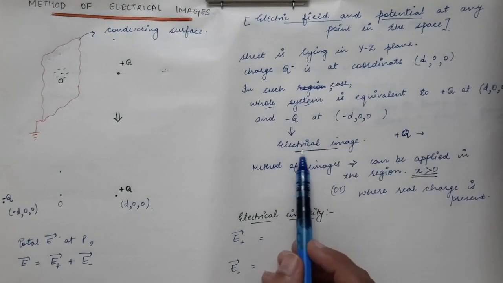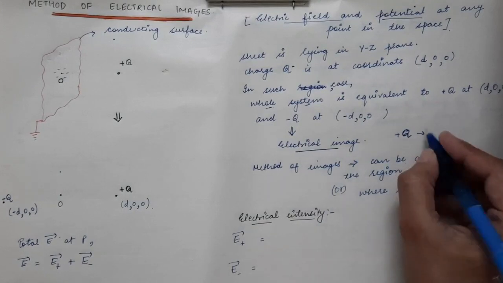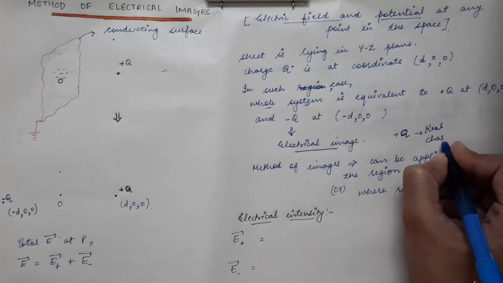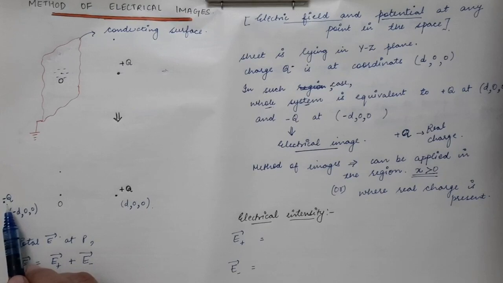So minus q now is called the electrical image and plus q is called the real charge. So plus q is the real charge and this minus q charge is a hypothetical charge. It is just imagined. So it is an imaginary charge or a virtual charge. So in actual there is no minus q charge placed at this point.